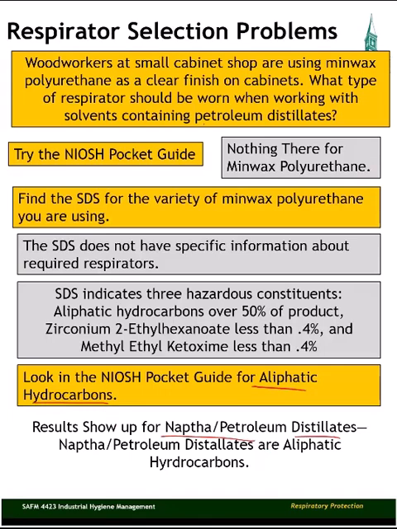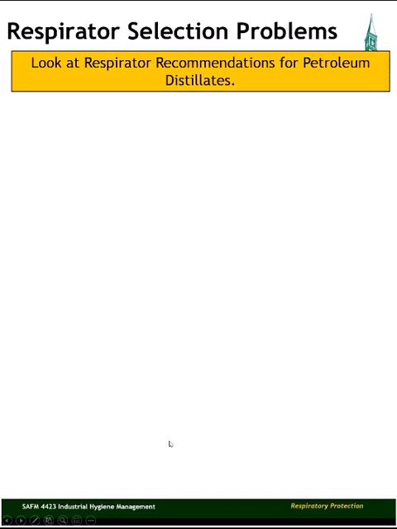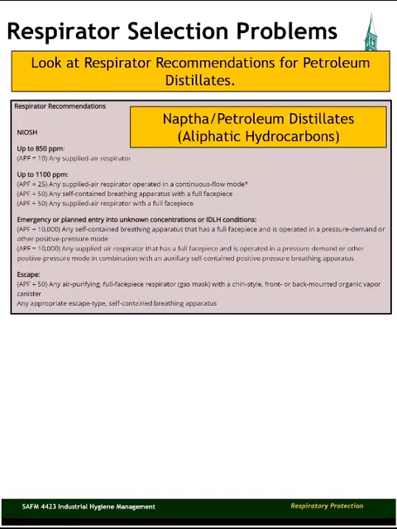Remember, I had said this was a hint up here, petroleum distillates. Now these are hydrocarbons. These are aliphatic hydrocarbons, naphtha and petroleum distillates. So that's the hazardous constituent we're looking for. Again, got to do some detective work. Got to keep digging until we find what we're looking for. So once we find that, we look at respirator recommendations for petroleum distillates.